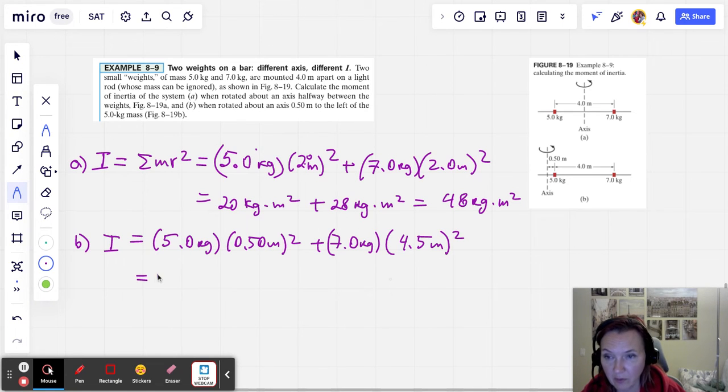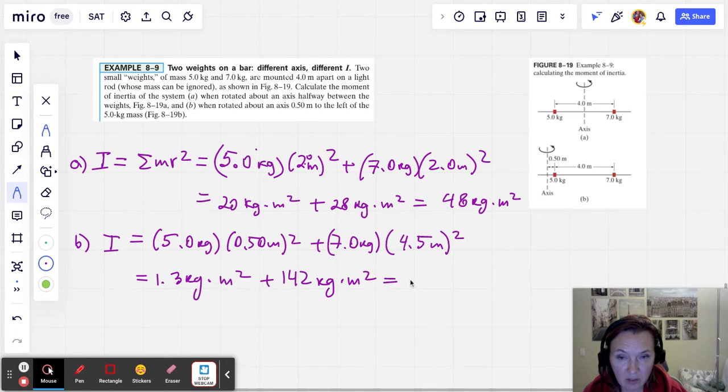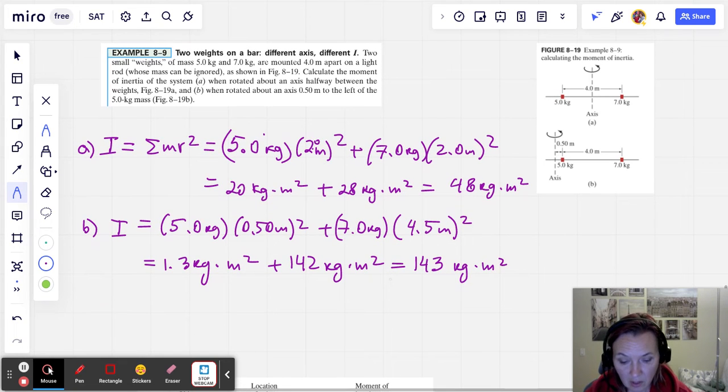Okay, for this one we can use a calculator. I'm going to multiply them like this: 1.3 kilograms times meters squared plus, and this one is actually going to give us 142 kilograms times meters squared. So we are getting approximately 143 kilogram meter squared, thinking about significant figures.